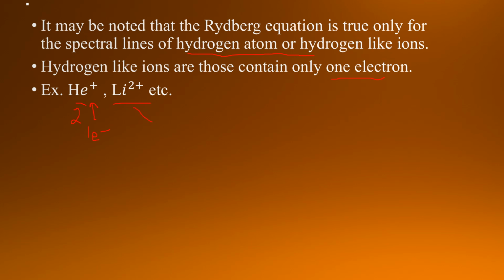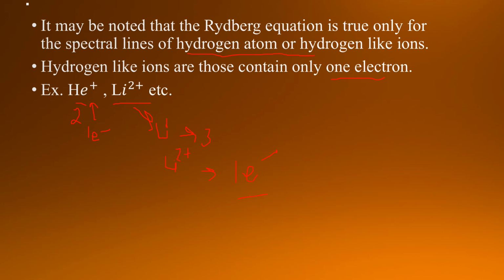Similarly, lithium contains 3 electrons basically, and as the 2 positive charge is present on the lithium ion, it loses 2 electrons, and now it will have only 1 electron in it.